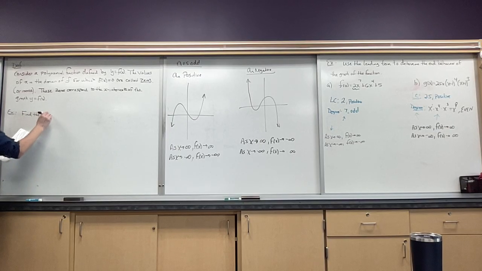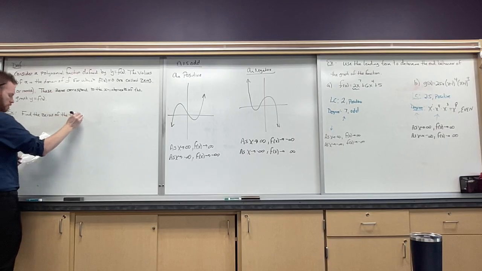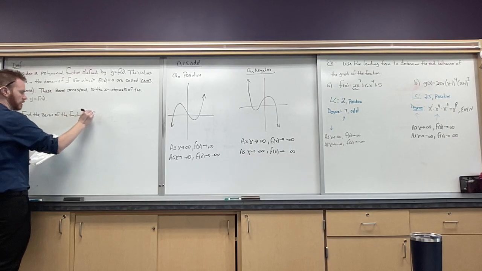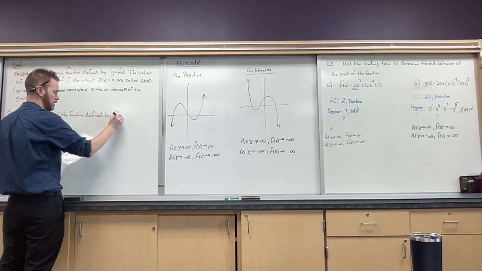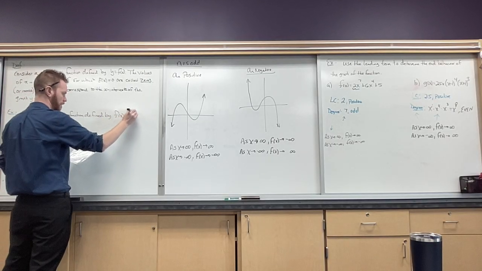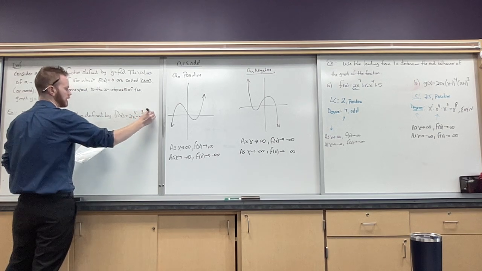Find the zeros of the function defined by f of x equals 2x to the 4th minus x cubed minus 15x squared.